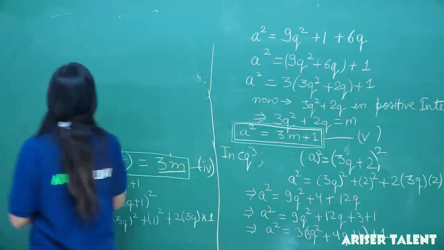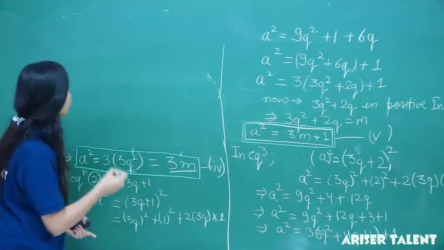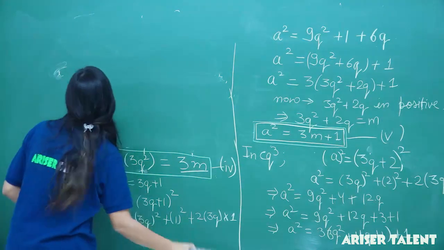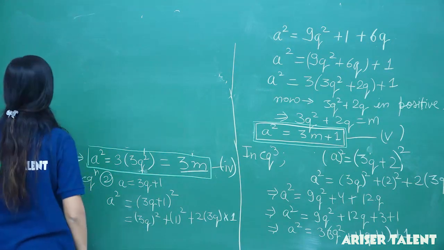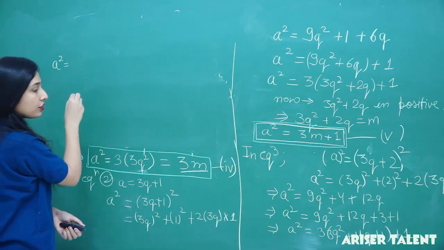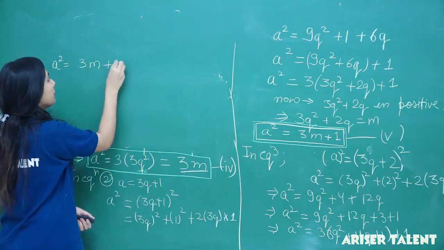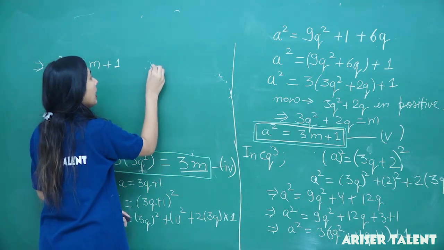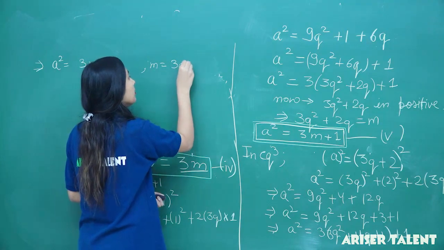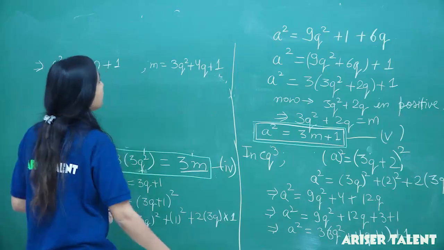Now, moving forward to equation 6, a square will be equal to 3m plus 1, where m equals 3q square plus 4q plus 1.